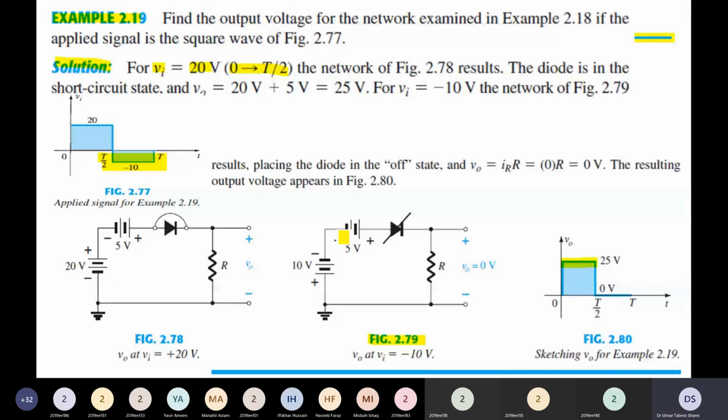what is the voltage being applied to the anode of the diode? With respect to this ground, if we make a node over here and we call this node A, what is the voltage at node A with respect to the ground? 20 volts, sir.